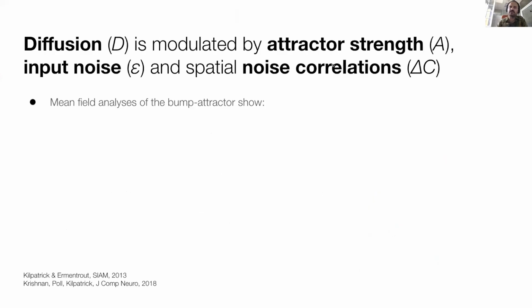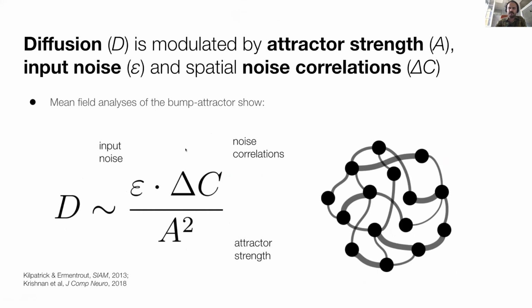So there are these papers that Albert found where they studied these bump attractor models with a mathematical framework called mean field analysis. I'm not going to derive this, and I wouldn't know how, but there is a very compact formula that really explains what's going on here.